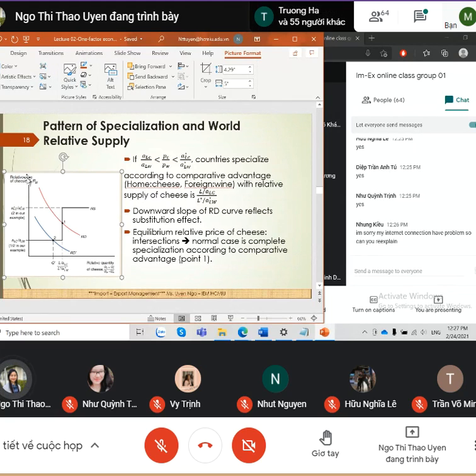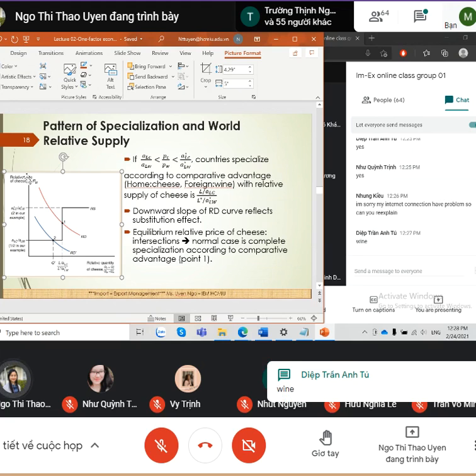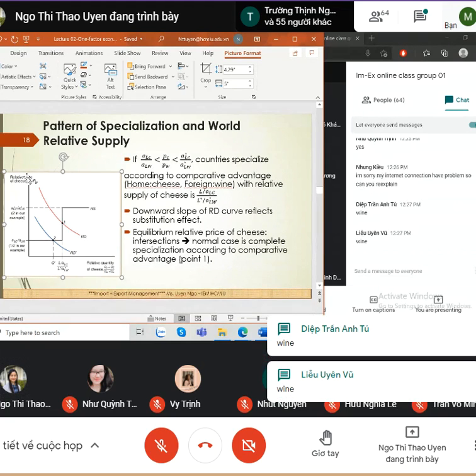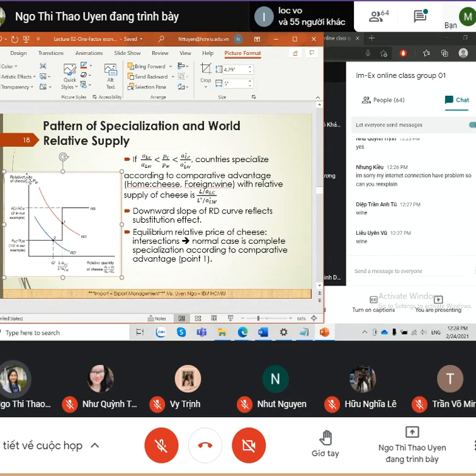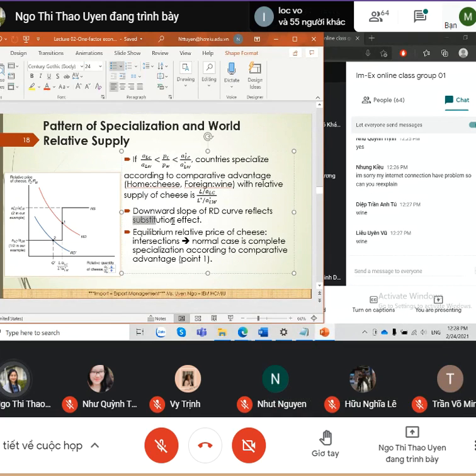So will people eat more cheese or wine? If the whole country has only cheese and wine, when cheese is more expensive, you get the point. They will substitute. That's why we have substitution effect. Substitute cheese for wine. Eat more wine, drink more wine, and less cheese.